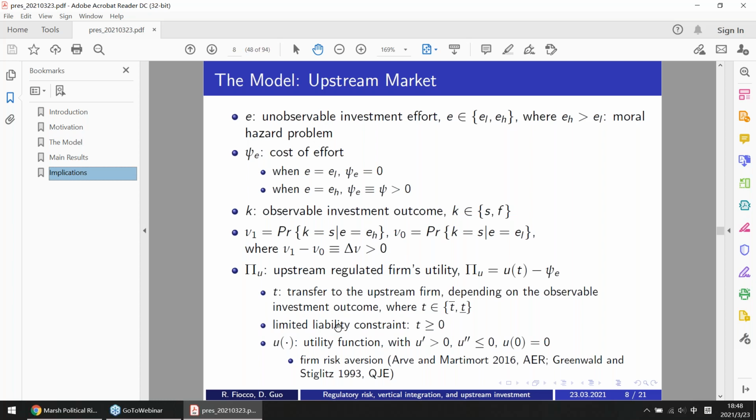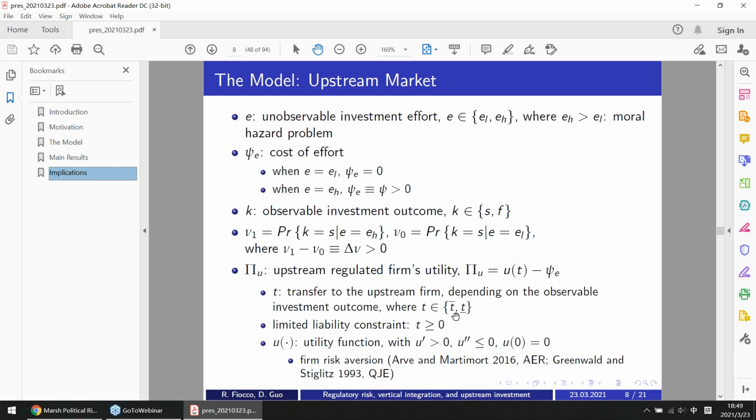Then actually this does not depend on the investment effort, because the investment effort is unobservable by the regulator. Only the firms know. So the values of T depend on the outcome. If the project is successful, I provide T upper bar. Otherwise, I provide the lower value, T lower bar.